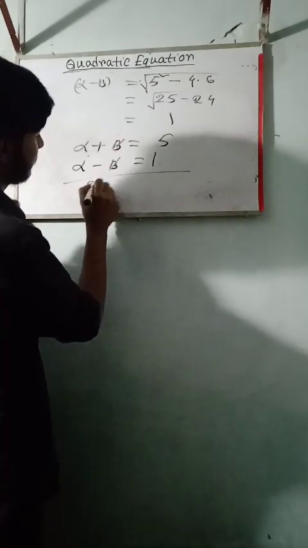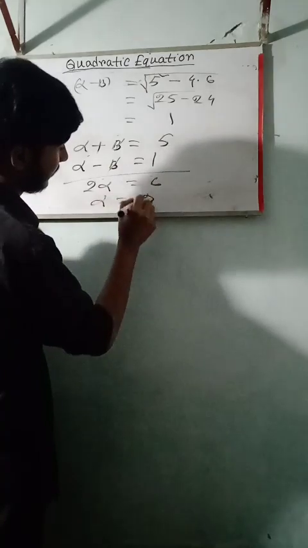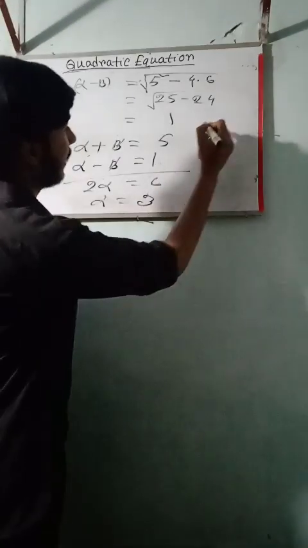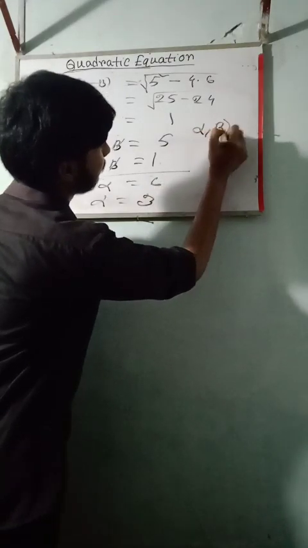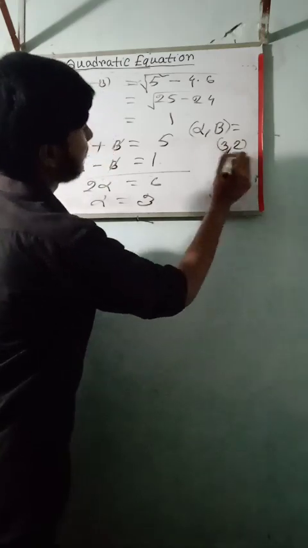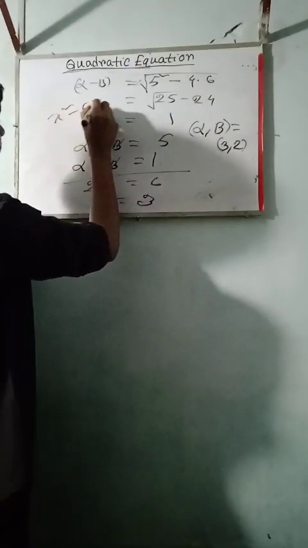So twice alpha is equal to 6. So alpha is equal to 3. And if alpha is equal to 3, then beta is equal to 2. So alpha comma beta is equal to 3 comma 2. So this was the solution of this equation, x square minus 5x plus 6.